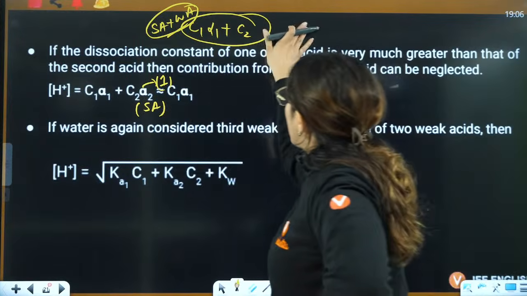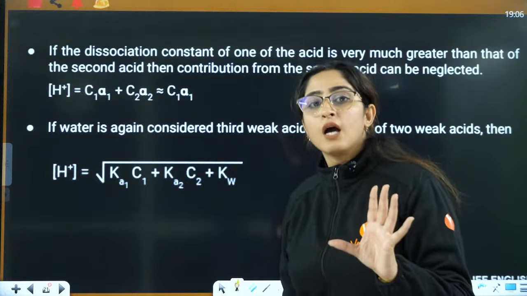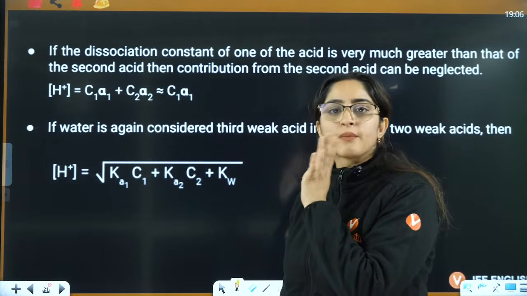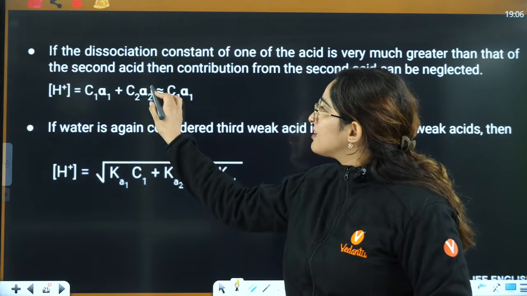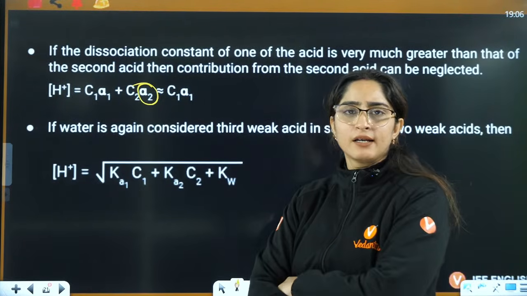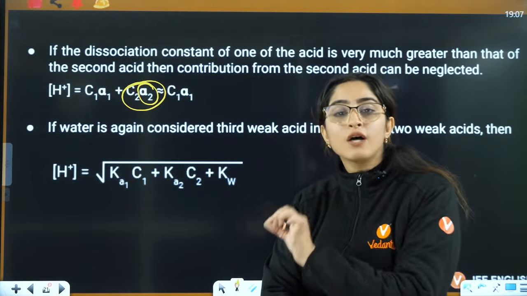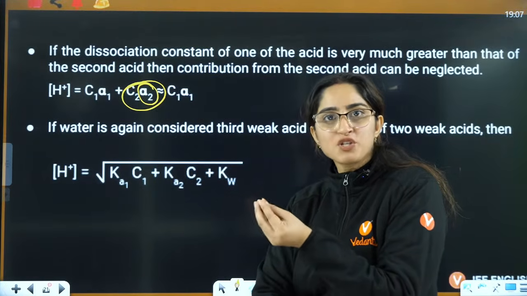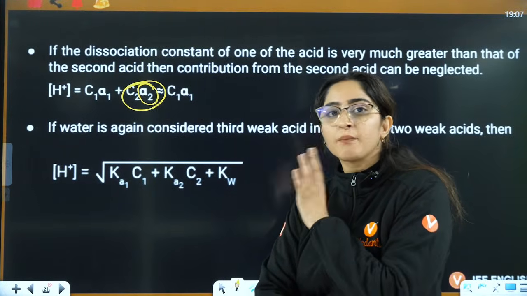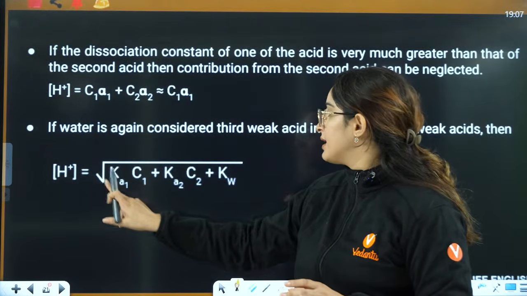Now, if both are weak, but one is still stronger than the other, then this whole thing will be neglected. Why? Because the contribution of H positive from the second acid is completely 0. That is why H positive becomes C1 alpha 1.